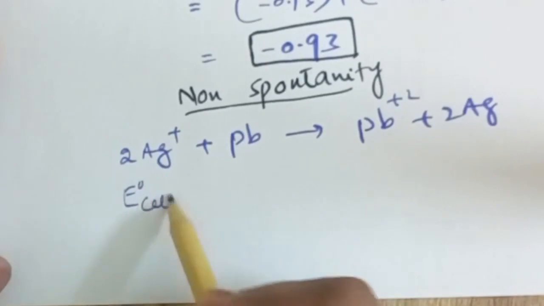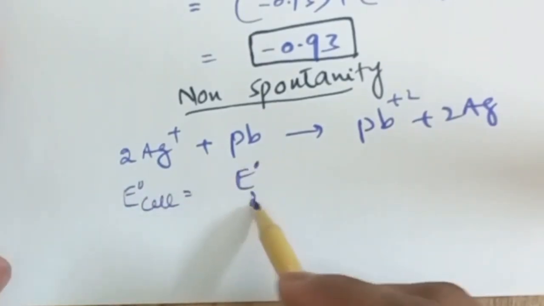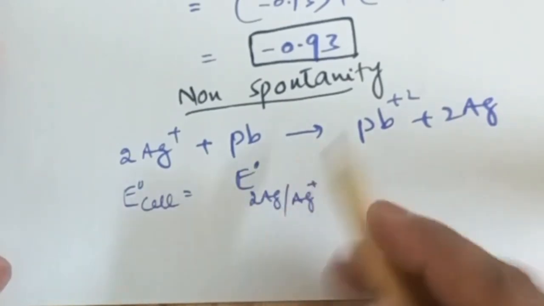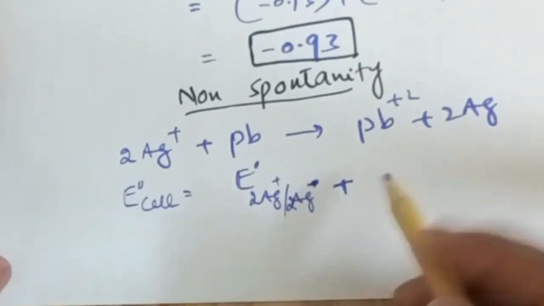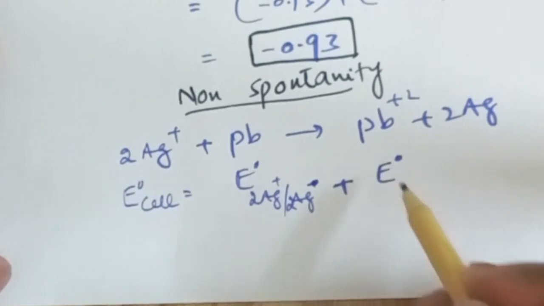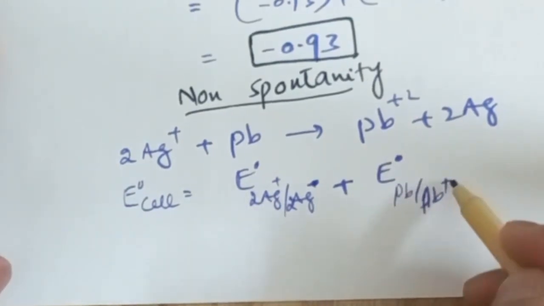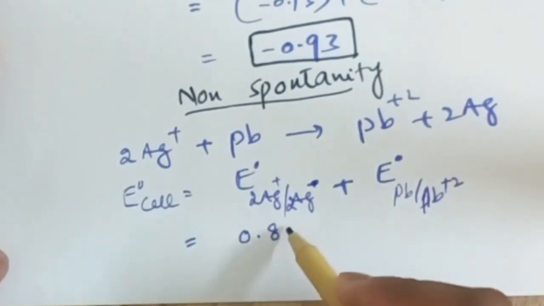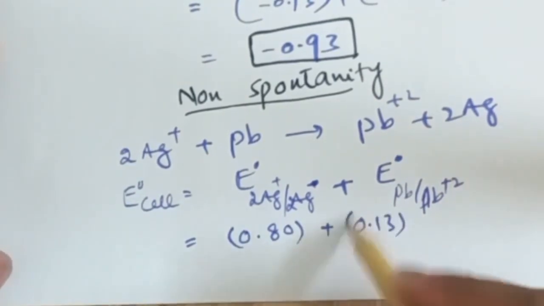So we will write down the values in this way, that the cell potential is now equal to the oxidation potential of silver plus reduction potential of lead. Putting the values, 0.80 now with a positive sign, and for lead it is also with a positive sign.